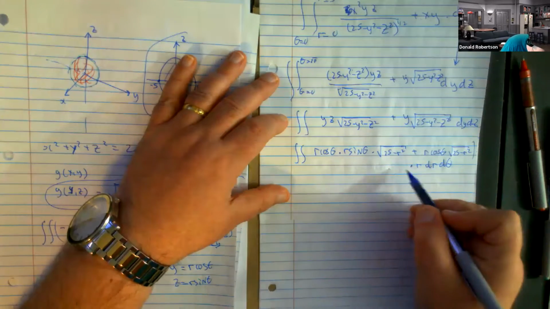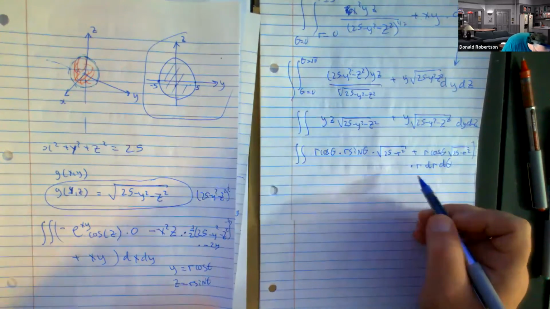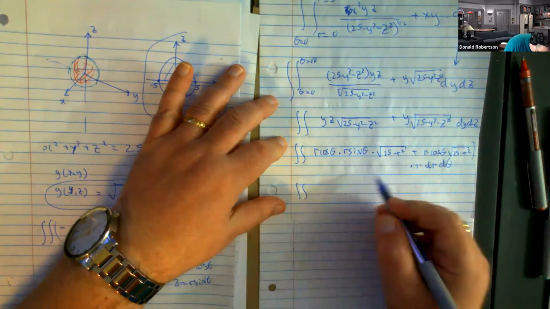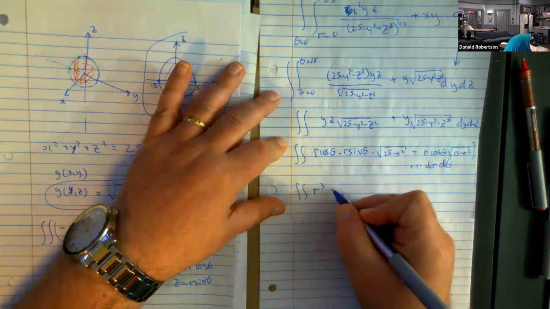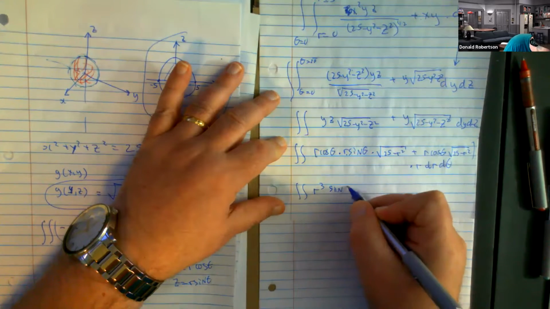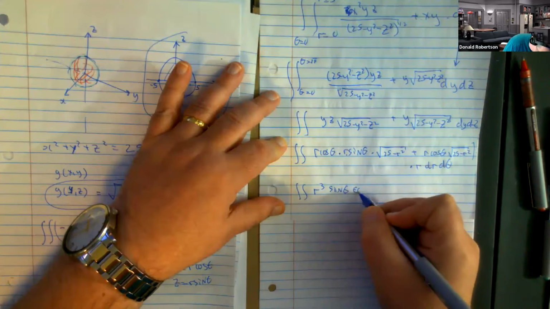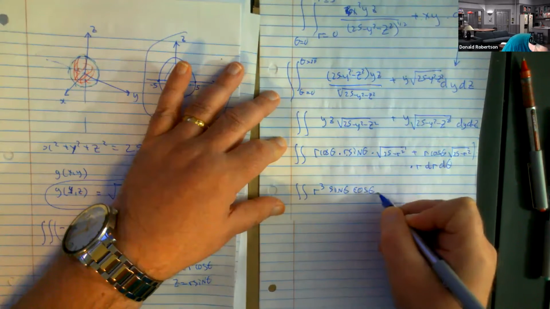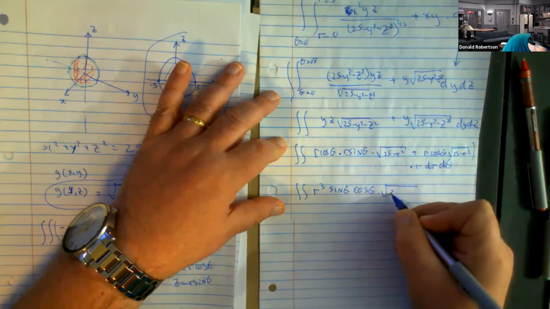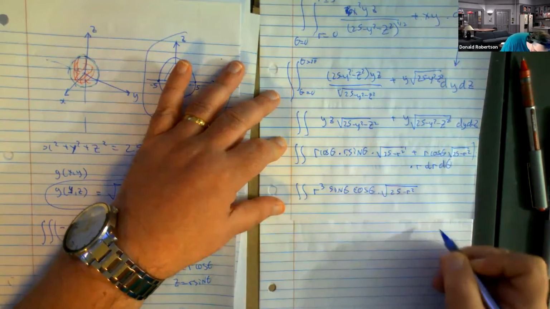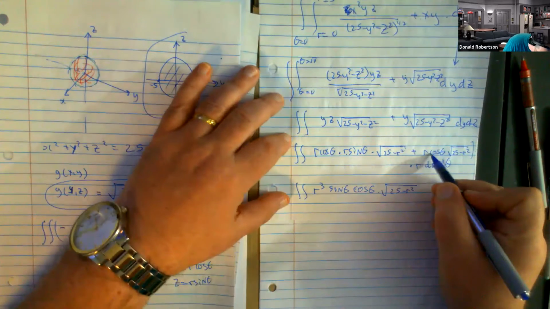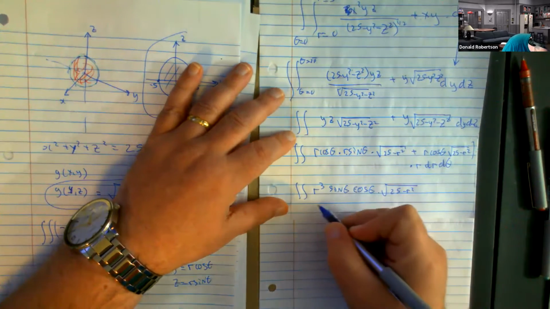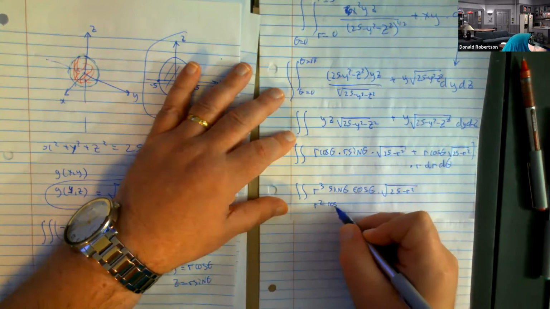Okay, I can pull out all sorts of stuff here. I think I probably should do it as two separate integrals. That guy times that guy times that guy gets me r cubed sine theta cosine theta, the square root of 25 take away r squared. And this one gets me an r squared cosine theta, the square root of 25 take away r squared.